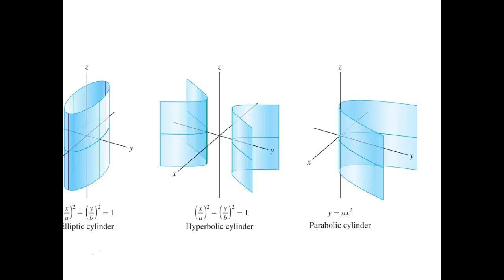They're flipped in the new edition. What's that? I can't hear you. They're swapped in the new edition. Oh, they did. For the hyperbolic cylinder, in the new edition, it's the y's. Oh, they did. Okay.